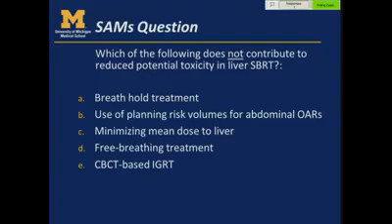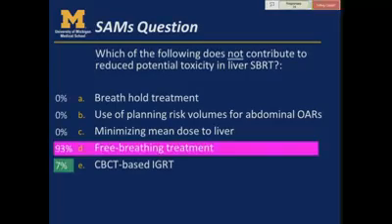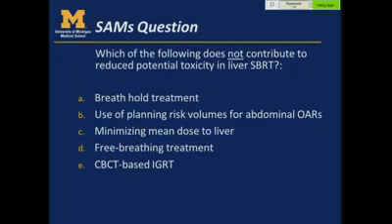Okay, one more question. Which of the following does not contribute to reduced potential toxicity in liver SBRT? Breath hold treatment, use of planning risk volumes for abdominal OARs, minimizing mean dose to the liver, free breathing treatment, or cone beam CT based IGRT?